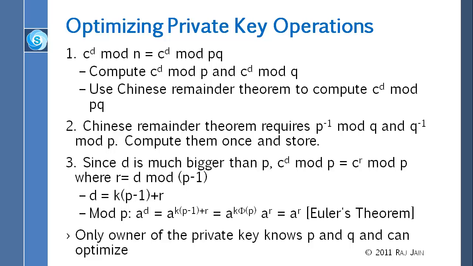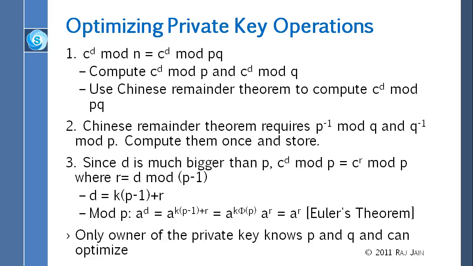The first method you can optimize is to compute C raised to D mod P and C raised to D mod Q, because we are going to do mod n, which is the product of two prime numbers P and Q. And so the Chinese remainder theorem says that any time you have a product for the modulus, you can break it into pieces.